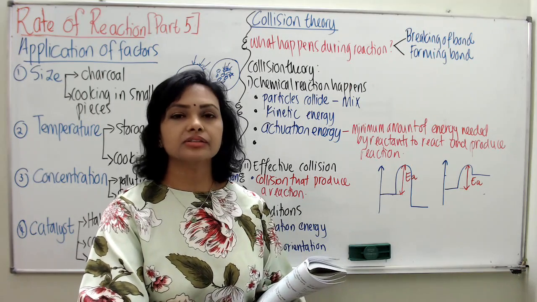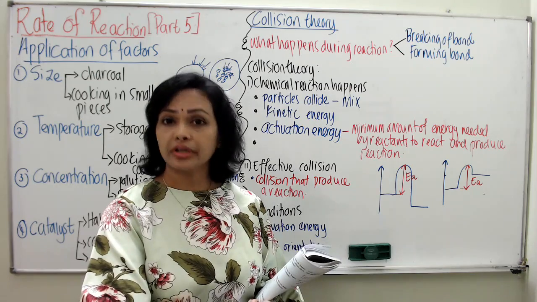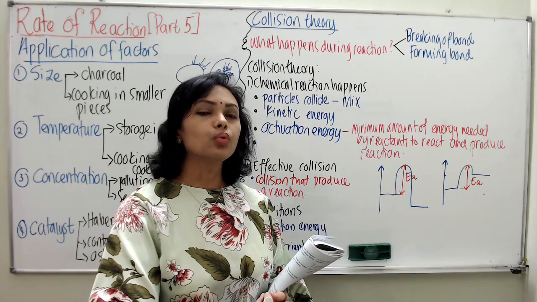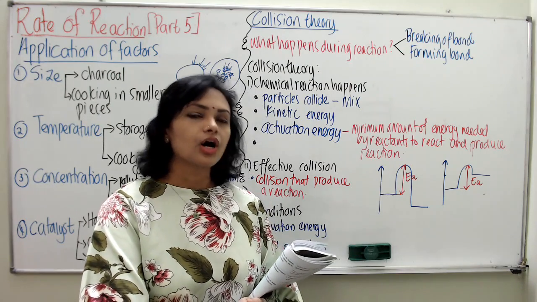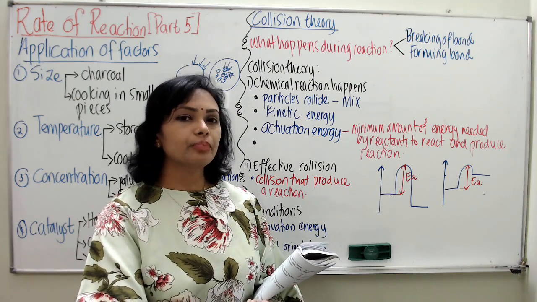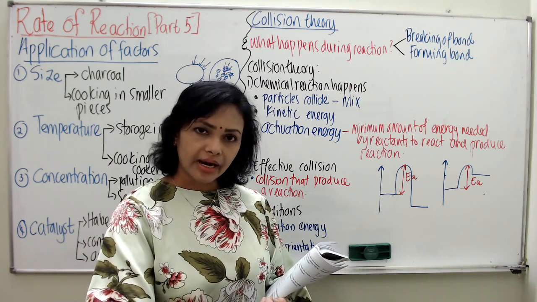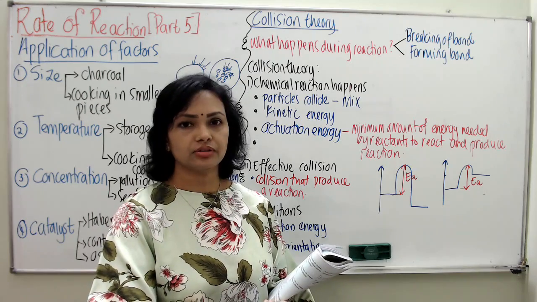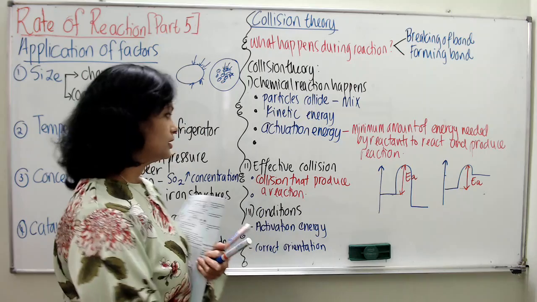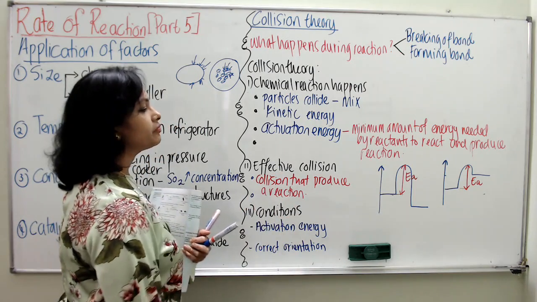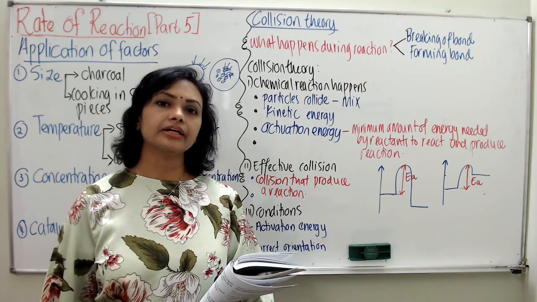Yes, the particles collide. They can collide, but not necessarily produce a reaction. So here we differentiate between particles colliding and particles effectively colliding. Particles colliding does not guarantee a reaction, but when particles are effectively colliding, they will definitely guarantee a reaction.